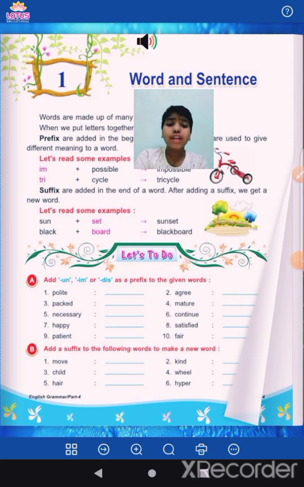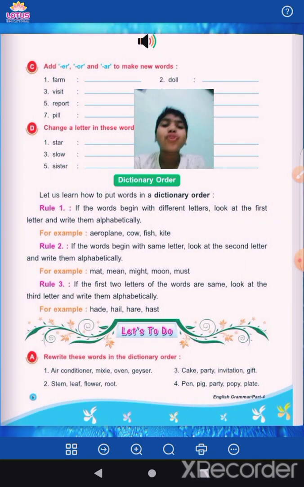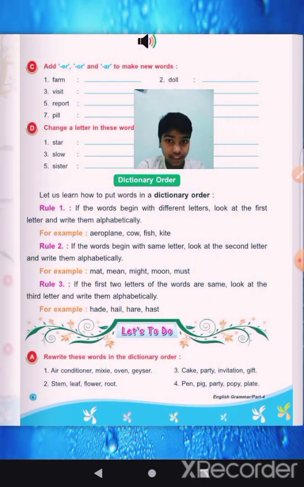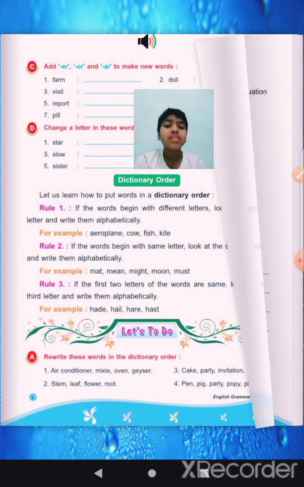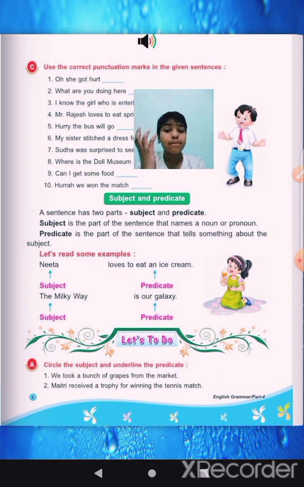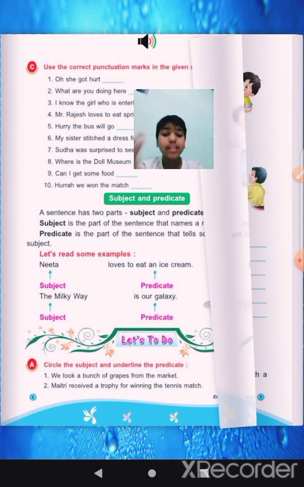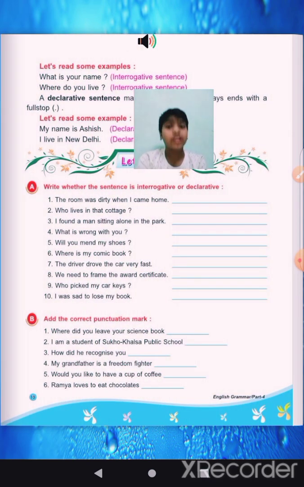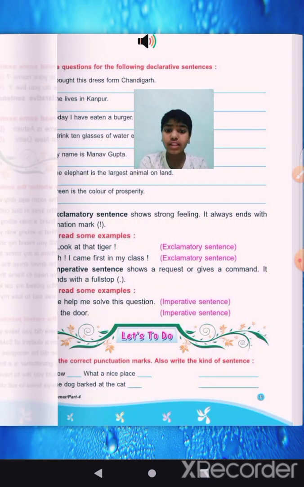And now I will speak with the students. So, hello again. What we did: word and sentence. Prefix, remember what is a prefix, what is a suffix, what is dictionary order, then what is a sentence, and what are subject and predicate, then the 4 types of sentence, their names and what they are.